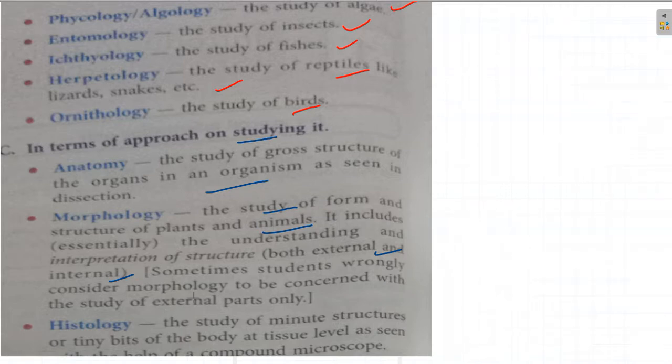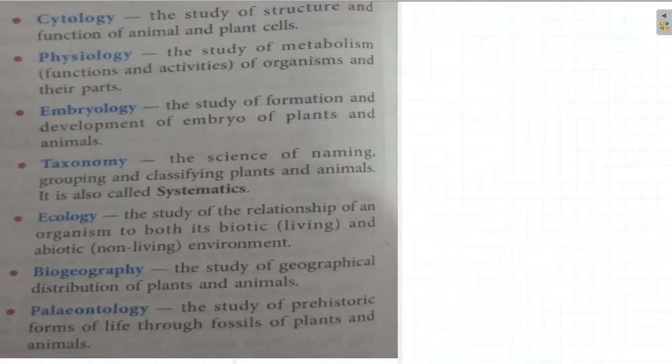So next is histology, study of minute structures or tiny bits of the body at tissue level, cell level, through compound microscope is called histology. Next is cytology, as its name is defining, the study of cell structure of plant and animals. Next is physiology, study of metabolism, activities of organisms and their parts.